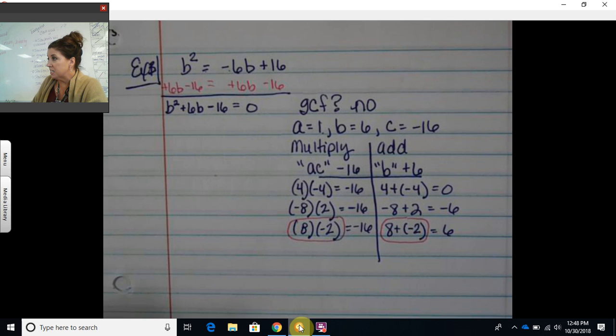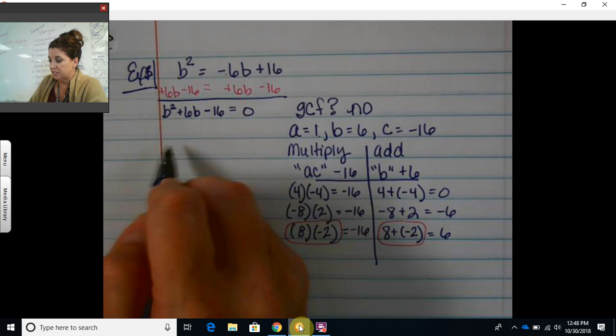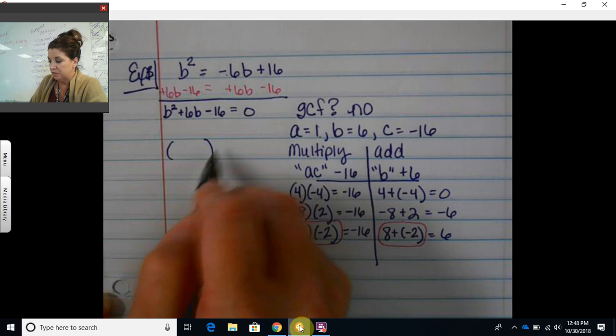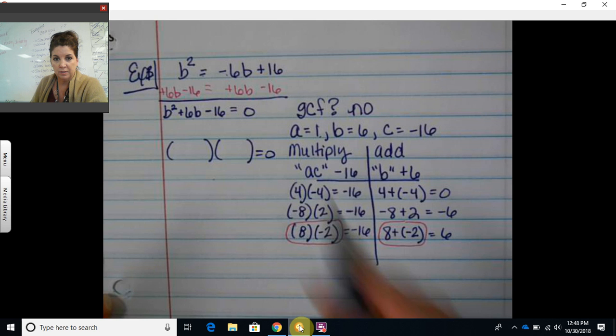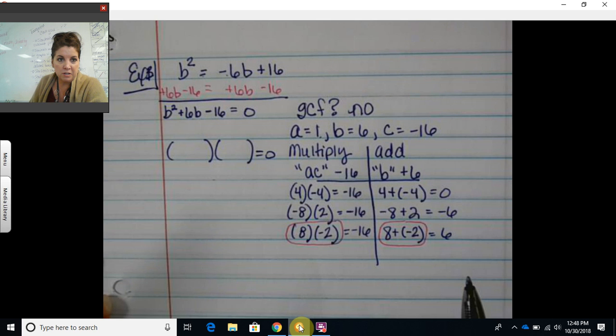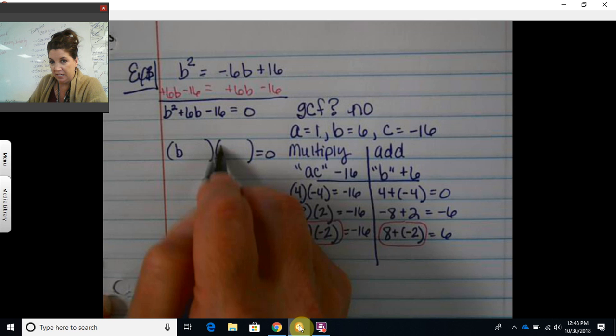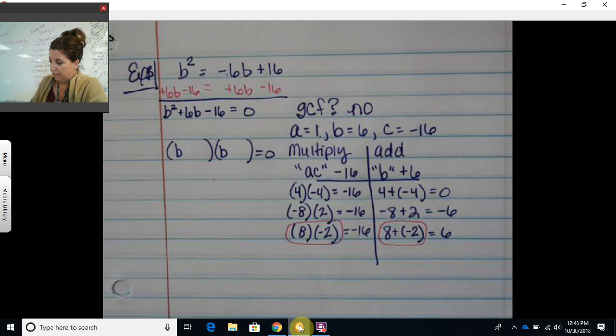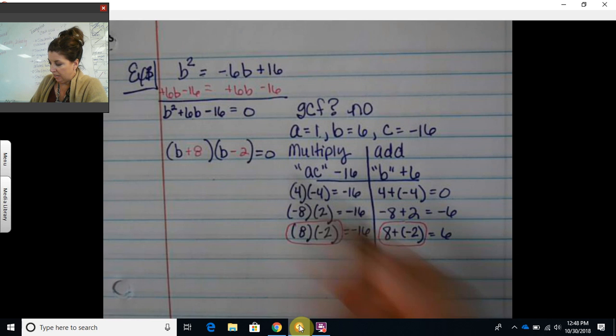So make two sets of parentheses. We don't have a greatest common factor, so there's nothing to put on the outside. The variable is B, so B will be the first term in each set of parentheses. And the numbers, positive 8 and negative 2, I got that from the T-chart.